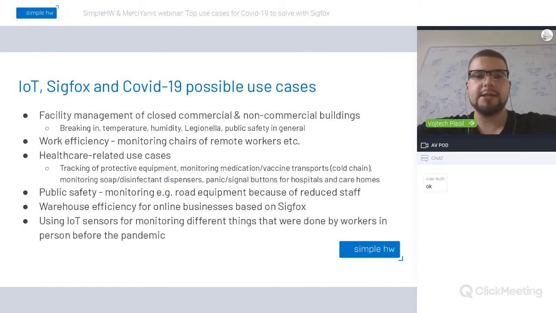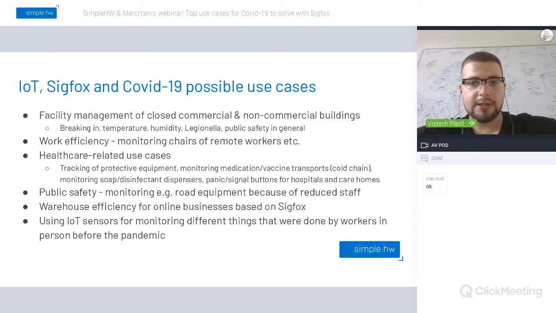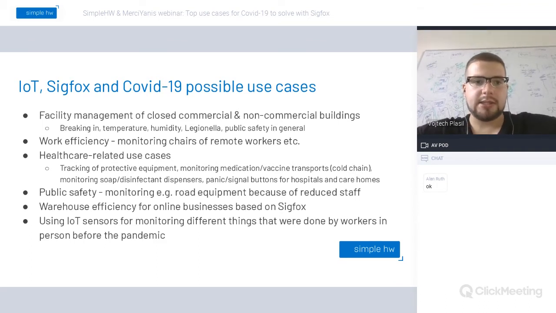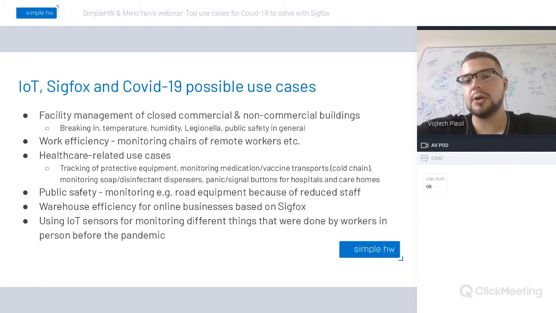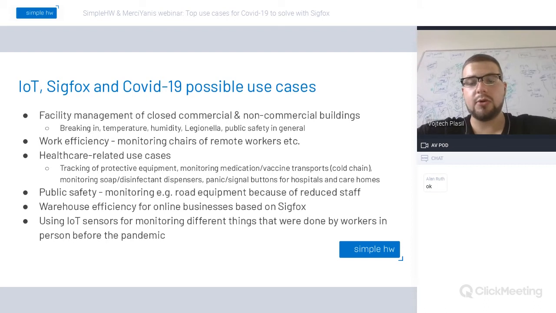And here is just a quick list we put together. Of course, you can be very creative when it comes to helping lessen the impacts of the pandemic with IoT. It's completely up to you what you want to do, but some of the major use cases that we've listed include facility management of closed commercial and non-commercial buildings. Jordan will talk about facility management much more than I will, because that's the main focus of his company.